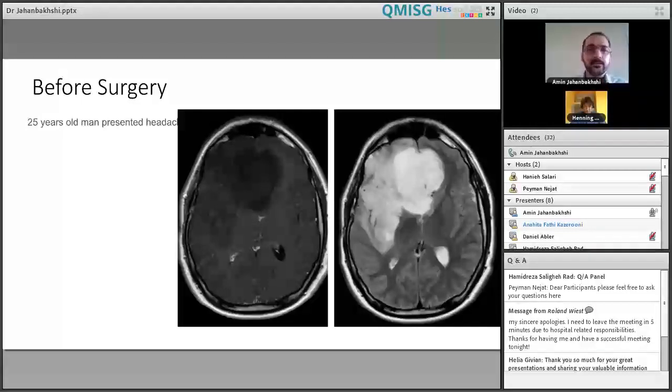This is another patient I have hospitalized recently, and I am going to operate on him. You can see a very large lesion in the interhemispheric frontal region, and there is a very clear pathology, but there is no enhancement.